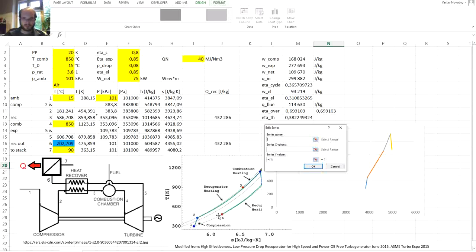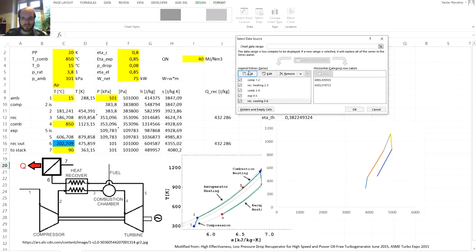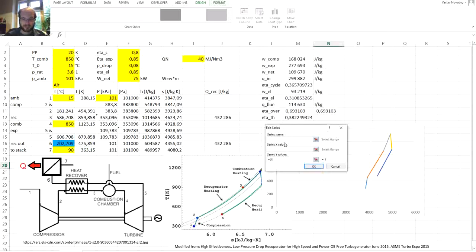And then we have the recuperator, where the working fluid is cooling, 5 to 6. Eventually we can add the heat exchanger for utilization of the waste heat at the very end.